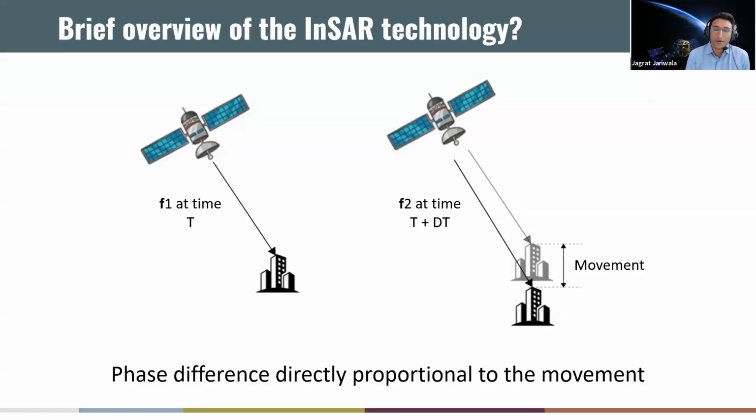One key concept to understand here is that the movement estimates are in the line of sight. The satellite looks at the area of interest at an angle, and so the movement estimates are also at that angle.